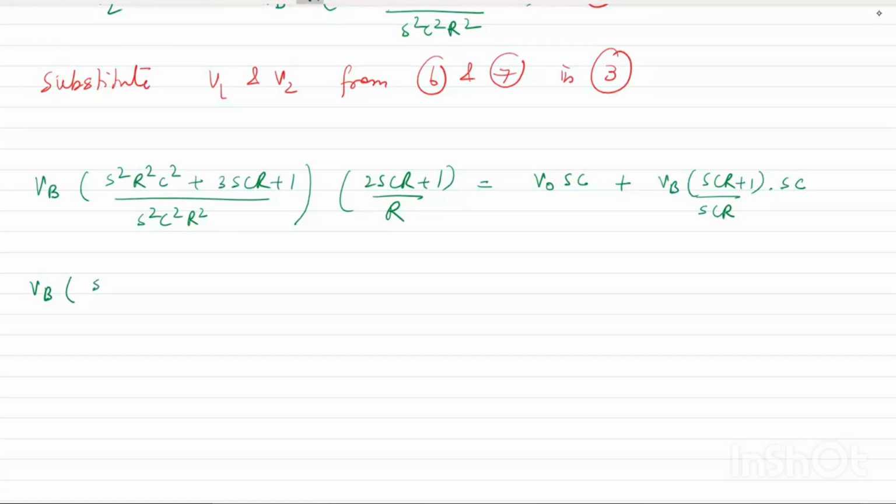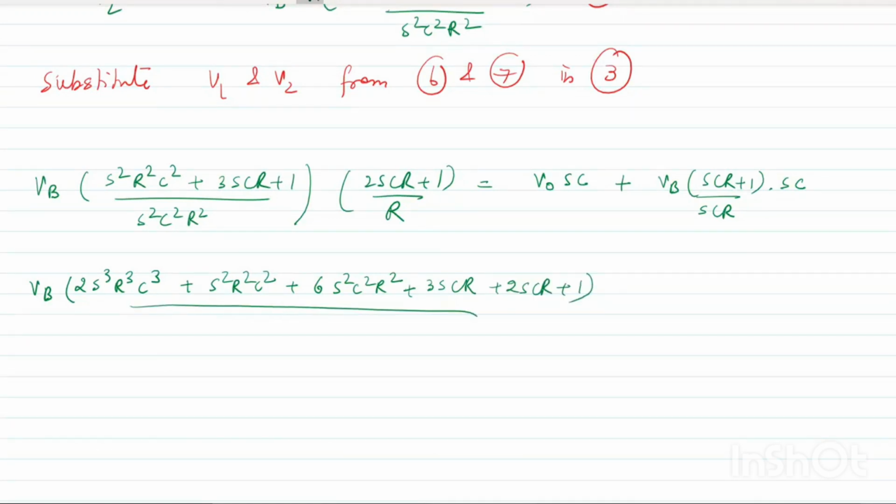So it is 2S³R³C³ plus, the first one is multiplied. Now you have to multiply this with this S²R²C². The first one I multiplied with this 2, so I'm getting this, plus 3 times 2 is 6S²C²R², plus 3SCR plus 2SCR. You know now how to multiply. I don't need to tell you that.